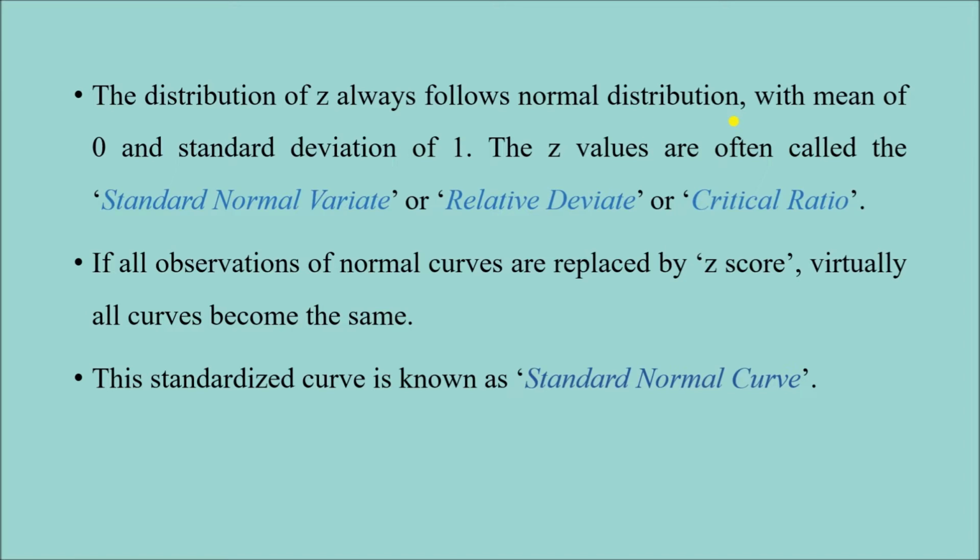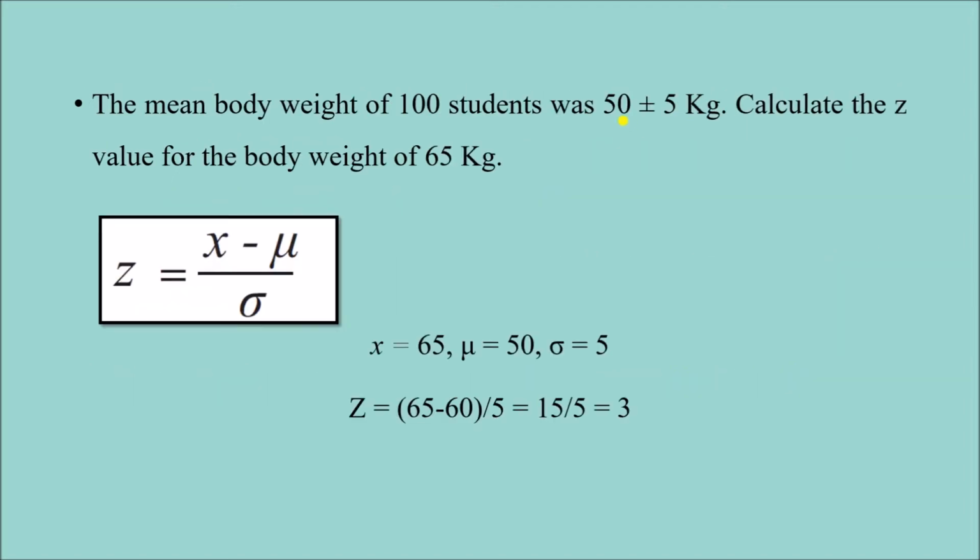Or alternatively, we can convert the body weight of these 100 students into normalized value. So that means for each student, for each body weight, we can convert it into a z value using this previous formula, this one we learned earlier.